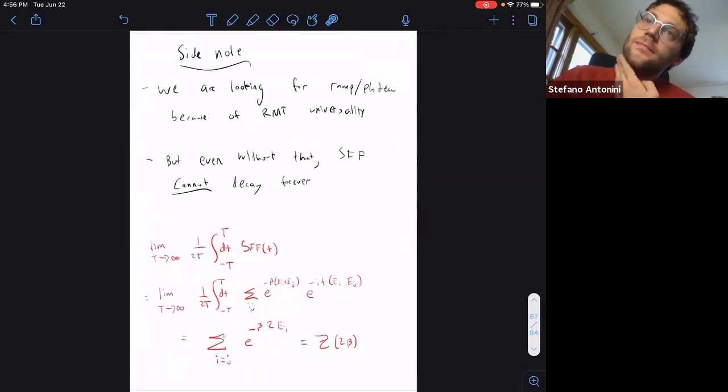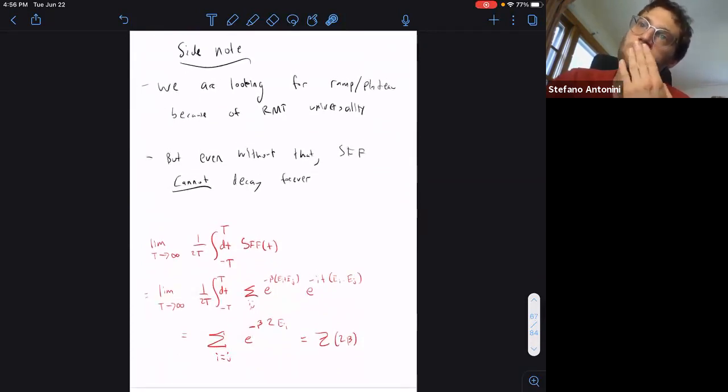So just a quick side note about this decaying thing. We're looking for a ramp and plateau because of this random matrix universality. But even if you didn't have that, the spectral form factor can't decay forever if you have a finite dimensional Hilbert space or discrete spectrum. That's because if you look at the time average of the spectral form factor over infinite time, if it decayed forever, the average over infinite time is 0, because for almost all the time it's decayed to 0.